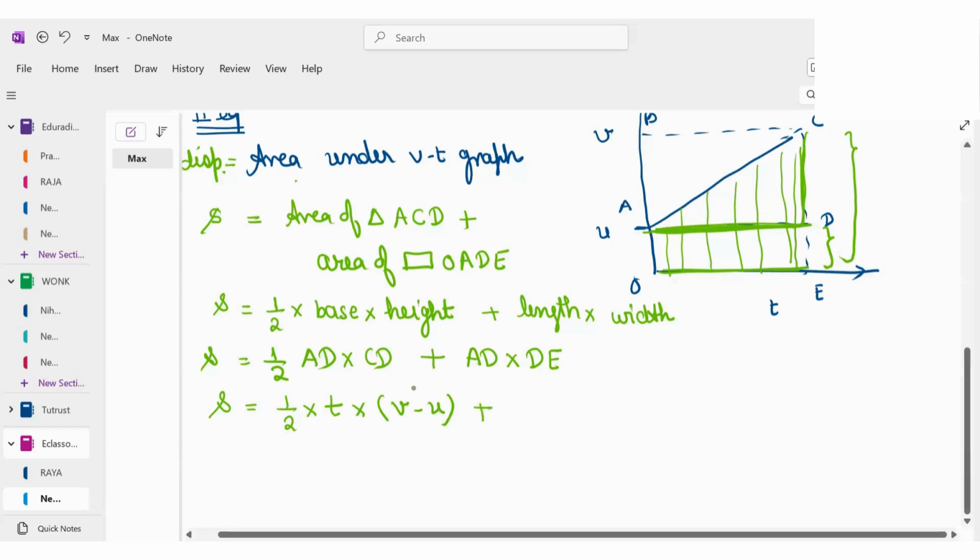Plus AD again T and DE again U. Am I right? This expression? What we get is half of T times (V minus U) plus U times T.